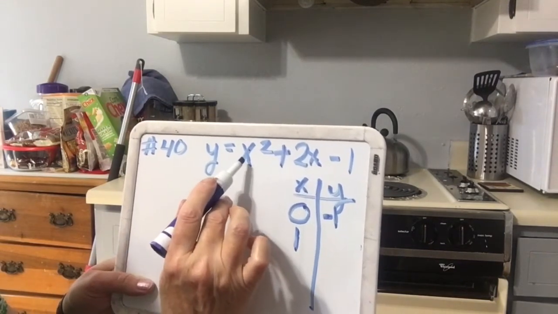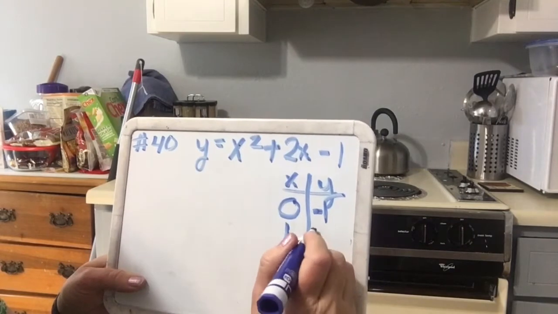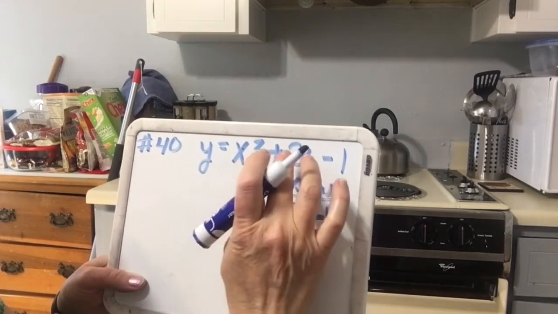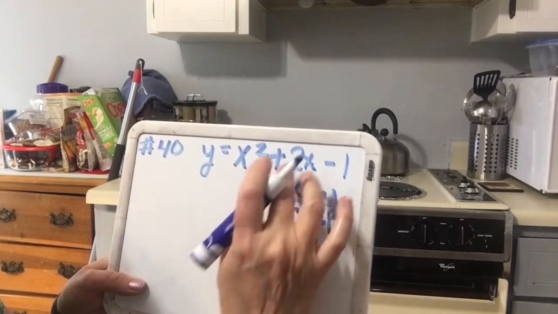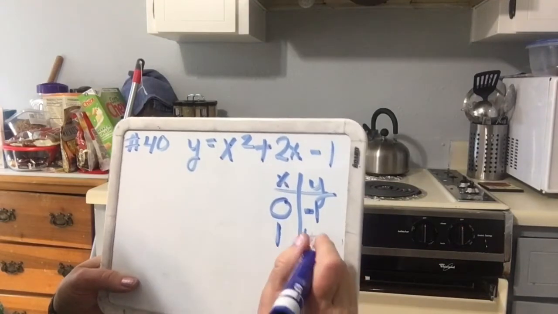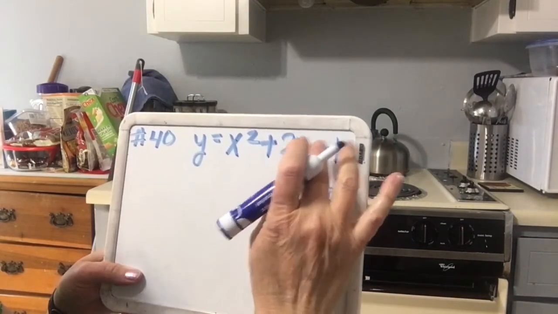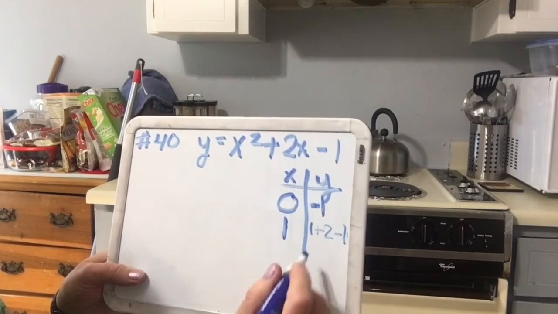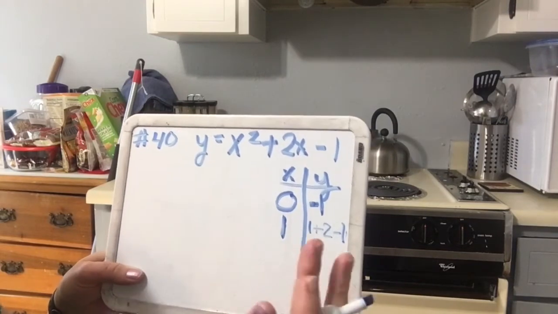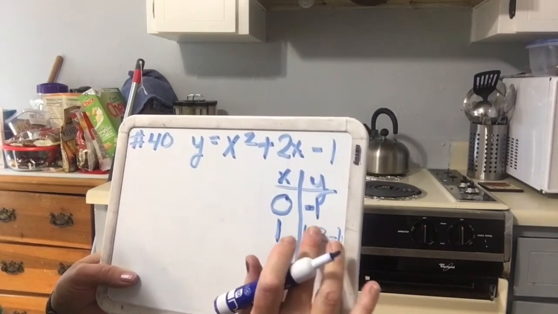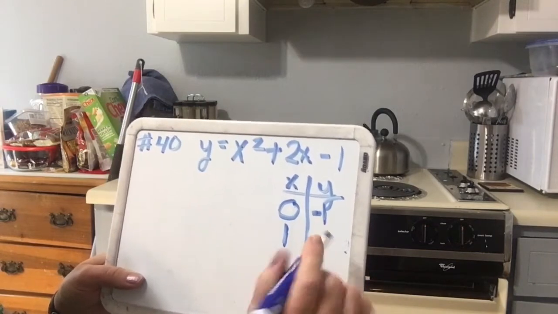If I plug in x is 1, x squared is a 1, plus twice 1, 2 times 1 is a 2, and then a negative 1, so I end up with a 1 and a negative 1. Those cancel out, so I get when x is 1, y is 2.